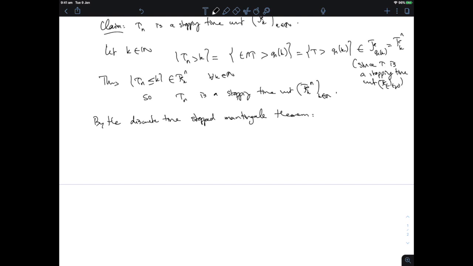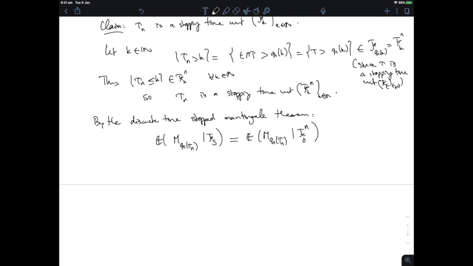what do I get? I get that the expectation of m of qn of tau n given F_s is the expectation of m of qn of tau n given F_0^n.